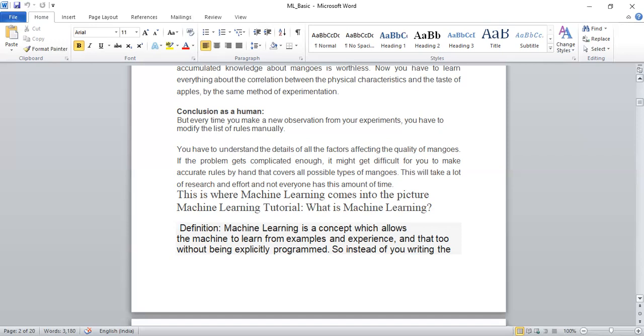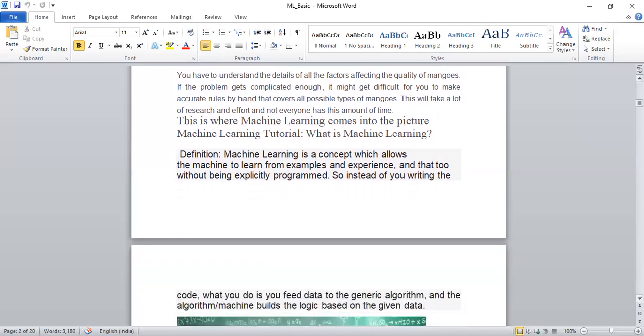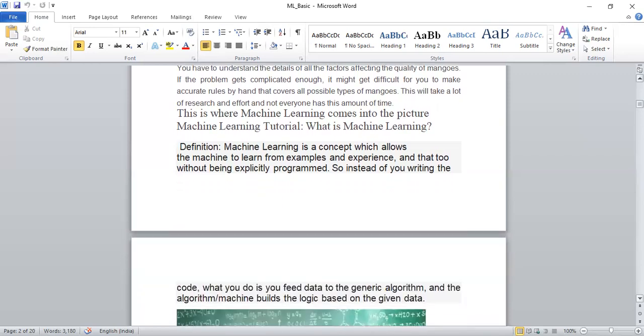Okay, so instead of you writing the code, what you do is you feed the data to a generic algorithm, and the algorithm builds the logic based on the given data. That is, suppose you have given some sort of data, attributes, related values. Based on that, the machine will decide what sort of output it has to deliver.